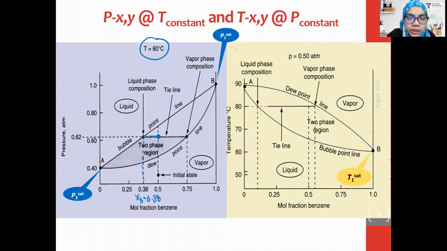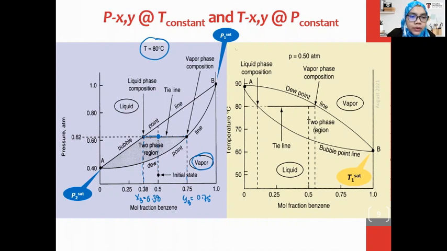And for the vapor phase here, we have yB equal to 0.75. Then we have this bubble point here, which represents the liquid phase composition. And we have the dew point here, which represents the vapor phase composition.